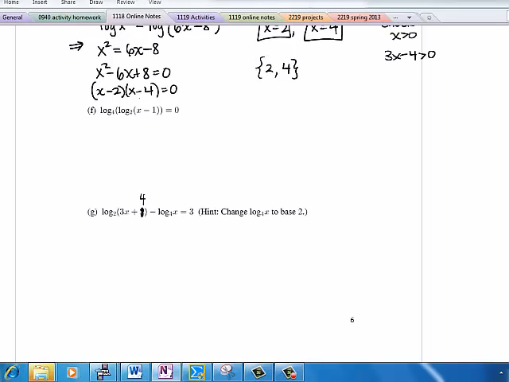Example F is different from anything we've seen because we've got a composition of logarithms. On the outside function we have a log base 4, on the inside we have a log base 2. There's not a way to put these together, but what we want to do is work from the outside inward. So we want to undo this outside logarithm first.